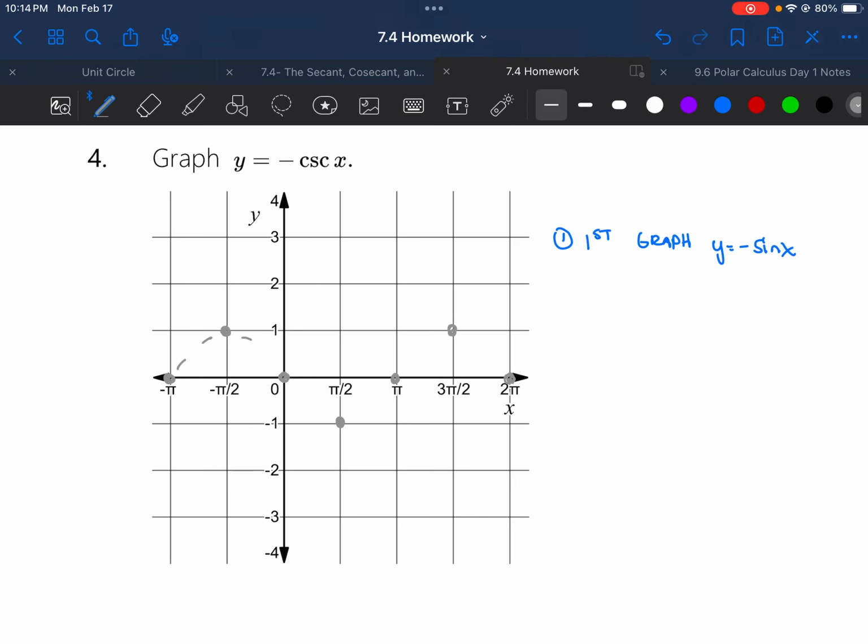So I'm just lightly sketching in the reciprocal graph. Since I know cosecant and sine are reciprocals, I am lightly sketching in the graph of negative sine of x. Then every single point that is a midpoint is going to turn into a vertical asymptote for cosecant.